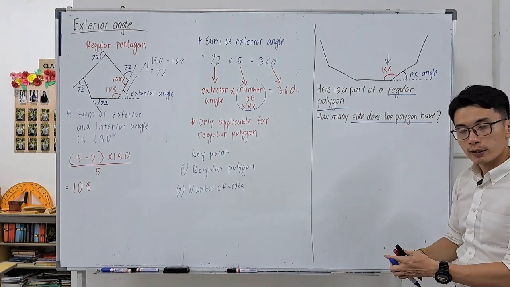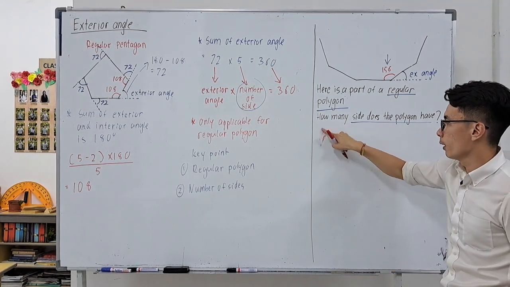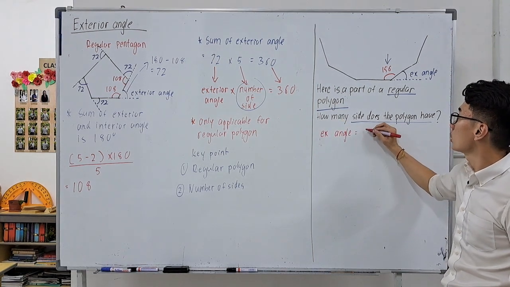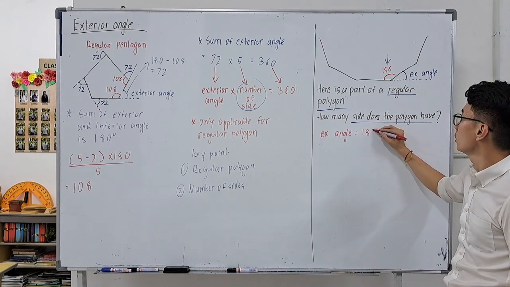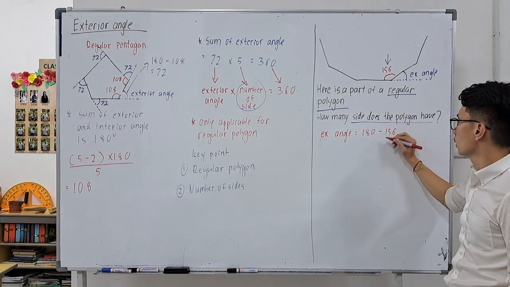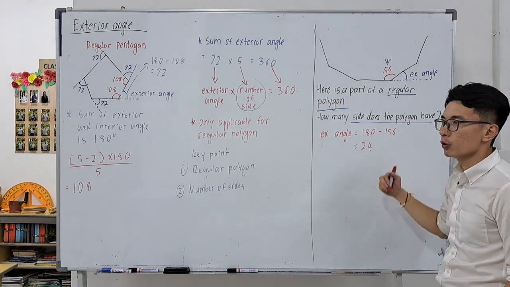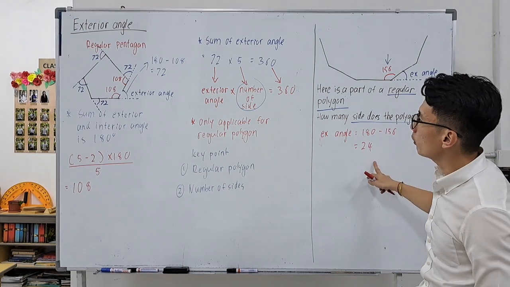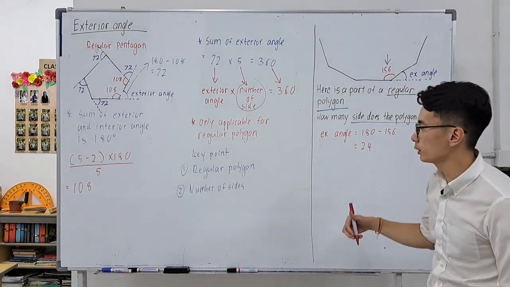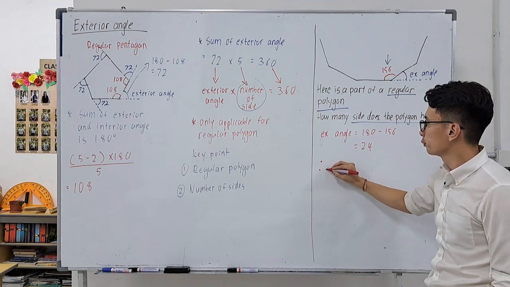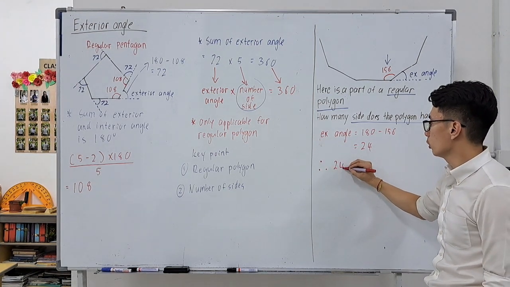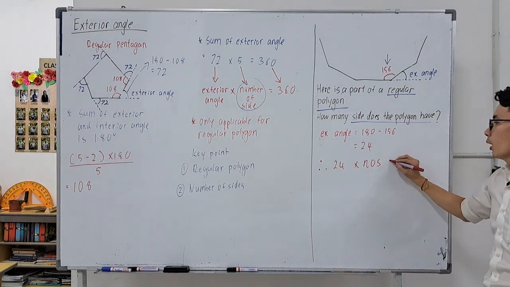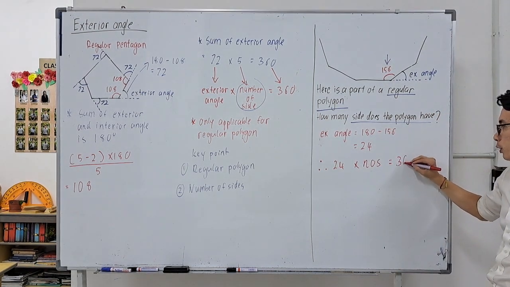So I can proceed with my calculation now. I can say my exterior angle is equal to 180 minus 156, and that should give me 24. So that's my exterior angle. Okay? Since I have my exterior angle, I can use this formula to find the number of sides. Therefore, my exterior angle is 24, multiplied by the number of sides, which is the thing I'm interested to find, and this will always equal 360.